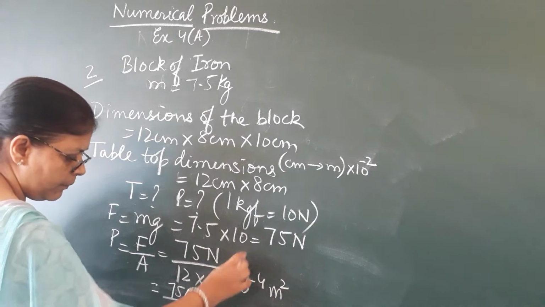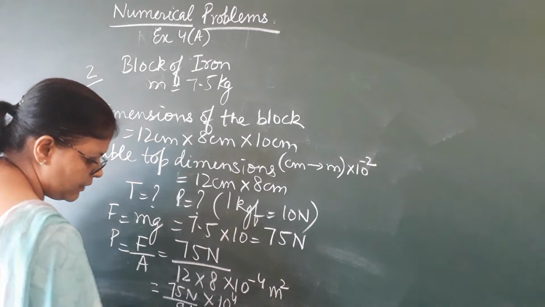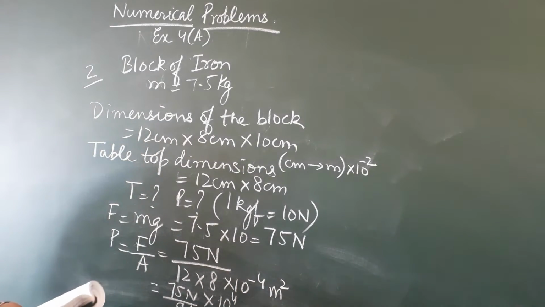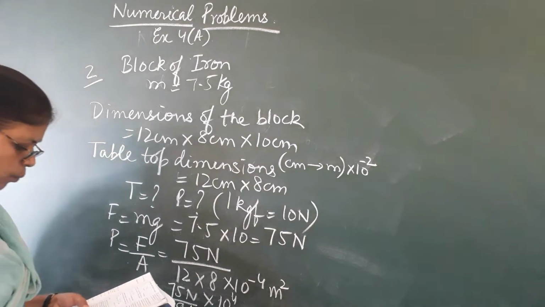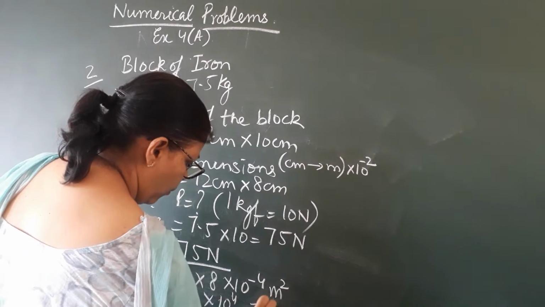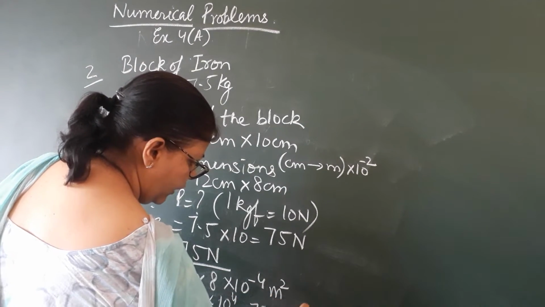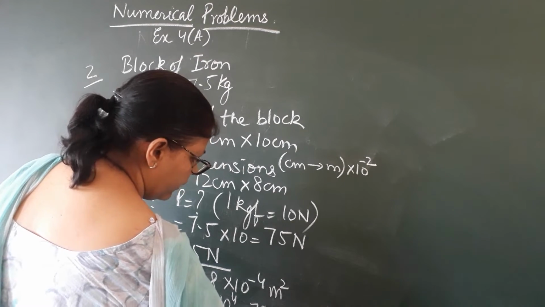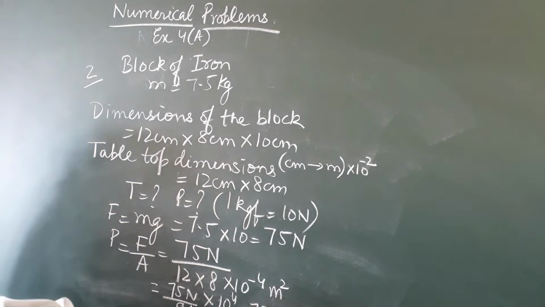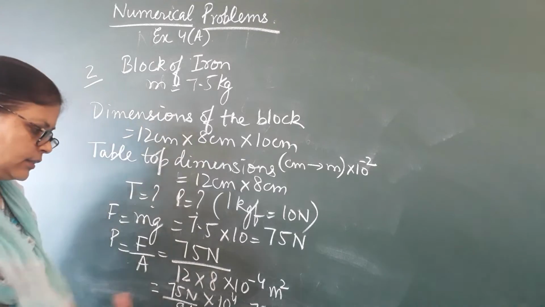You take the 10 to the power minus 4 up, it becomes 10 to the power plus 4. And when you divide this, you will get the answer as 7812.5 newton per meter square. Just calculate. You can do the calculations and find out whether the answer tallies or not.